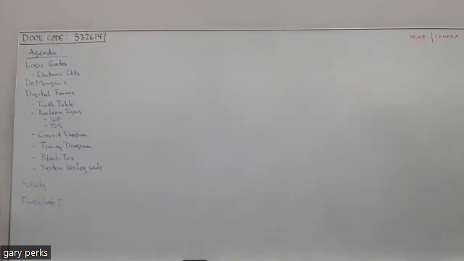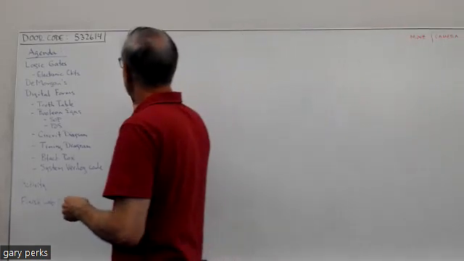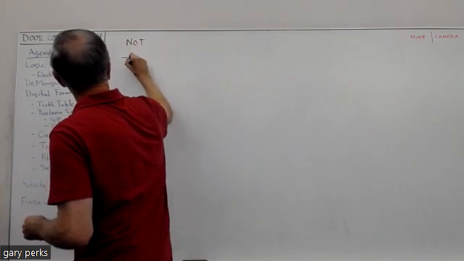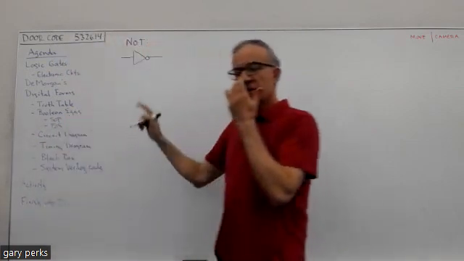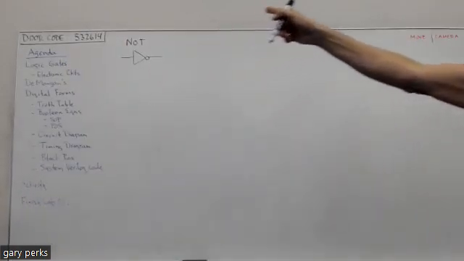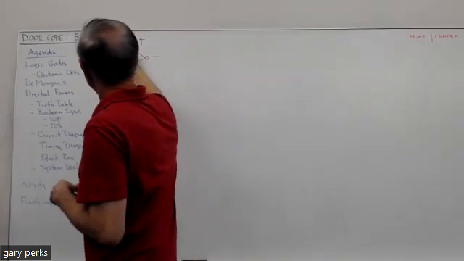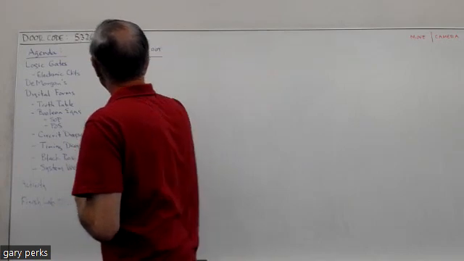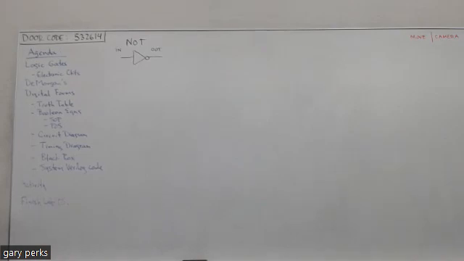Okay. All right, but let's talk about logic gates. And the first logic gate we're going to talk about is the NOT gate. Okay, the NOT gate has this symbol. It's an arrow with a little circle. This is the input side. And this is the output side. And in Boolean algebra, just like base 10 algebra, we use variables.